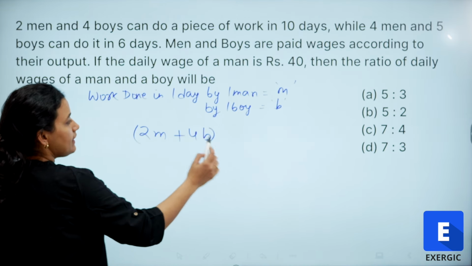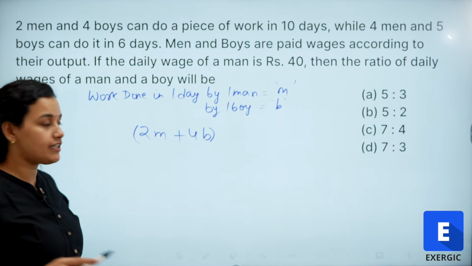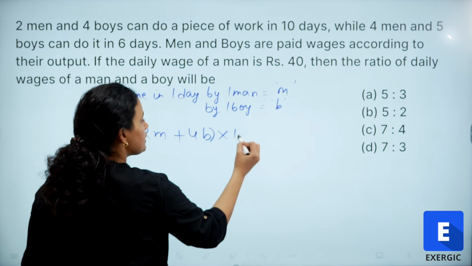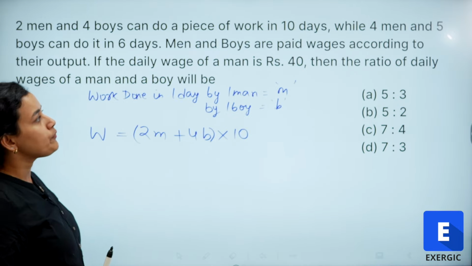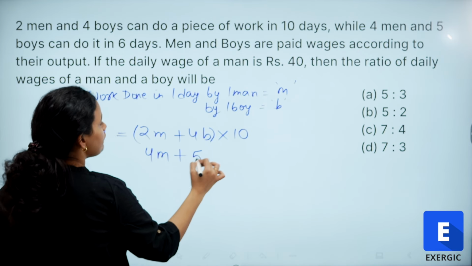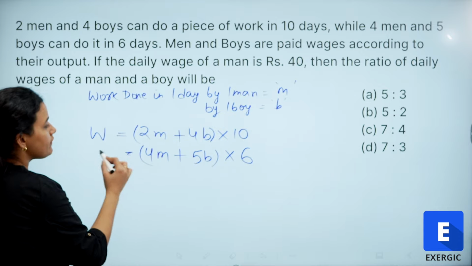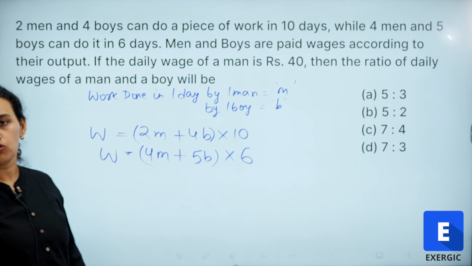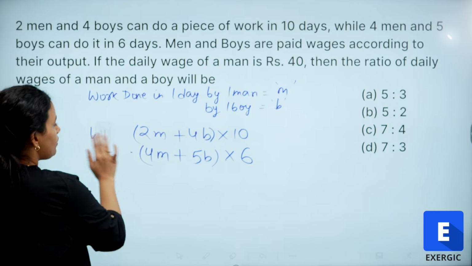This is the work done in 1 day, and how many days are they working for? They are working for 10 days. So multiplied with 10. This is going to be the work. Similarly, 4 men and 5 boys working for 6 days are also doing the same work, right? So we can equate these two.